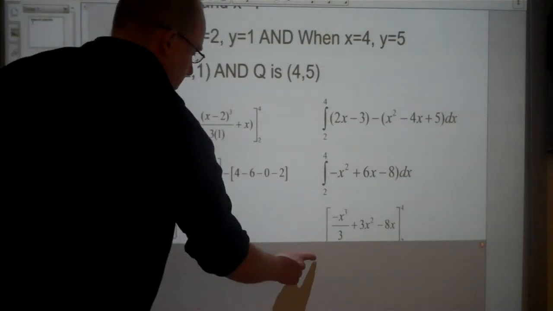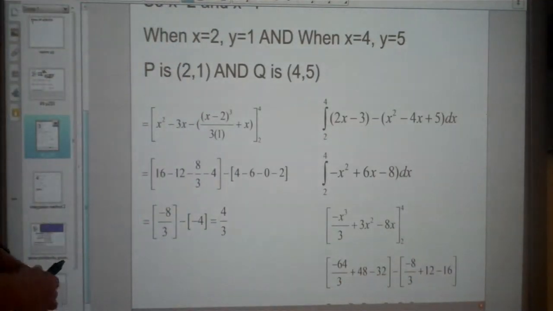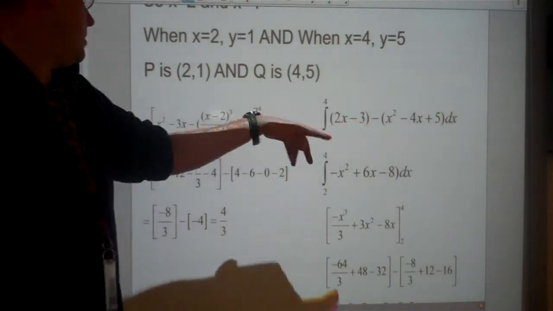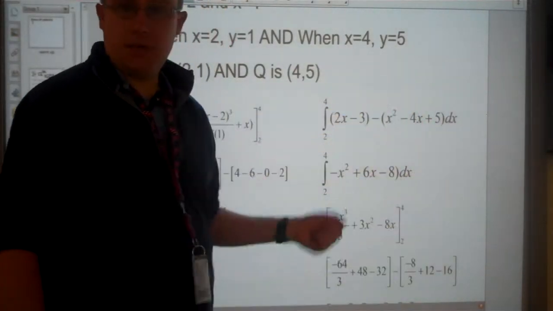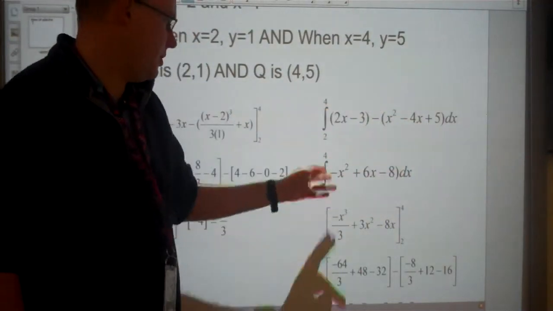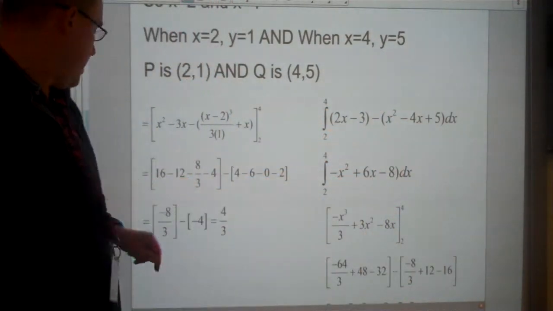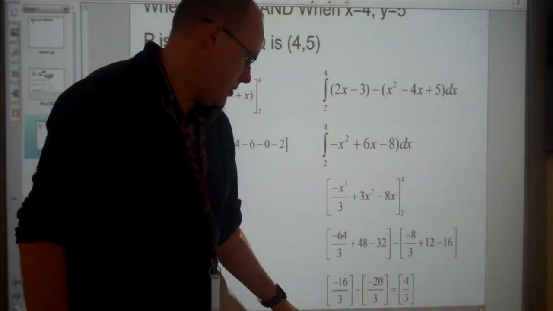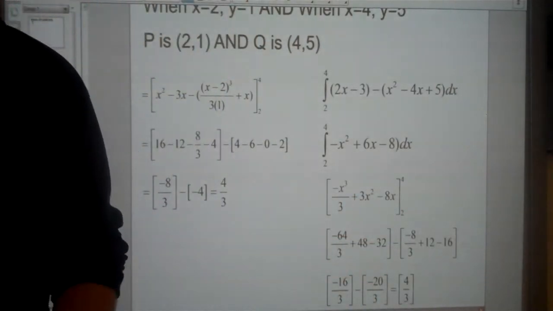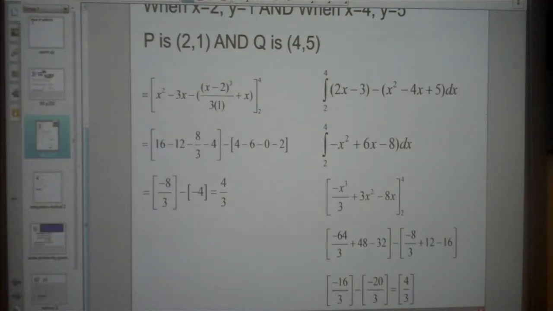Now, alongside here, you'll notice there's another method as well. So actually, rather than doing the chain rule on this separately, I actually went ahead and subtracted these two terms. So I worked out what is f of x minus g of x and got this. Then you can integrate that as well. Plug in the two numbers, and you still end up with 4/3. So there is a couple of different ways that you can actually answer this question.